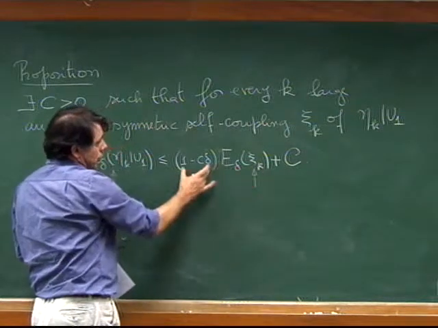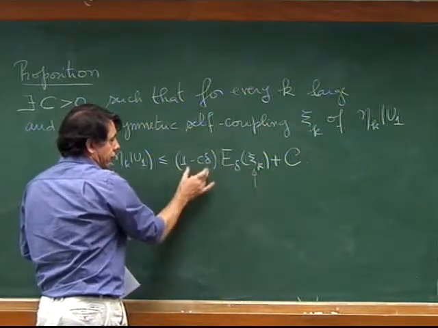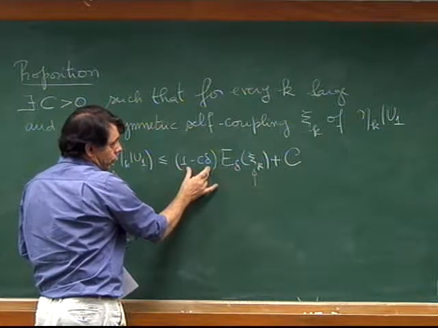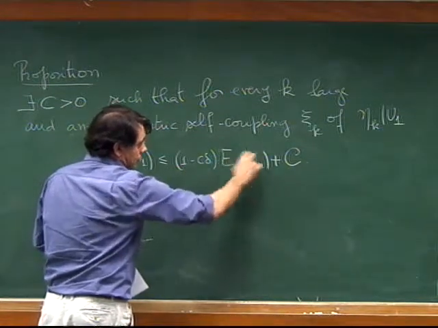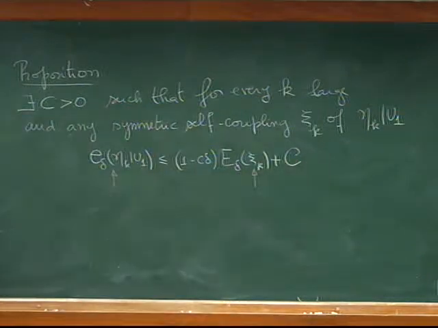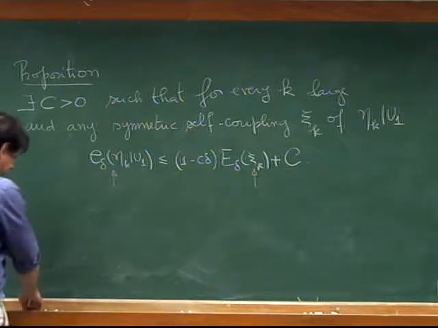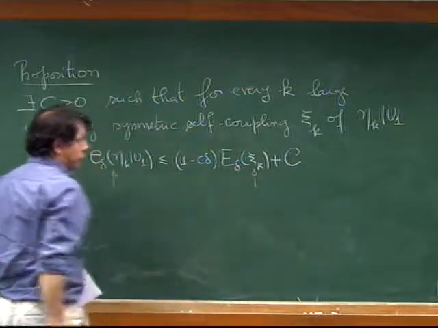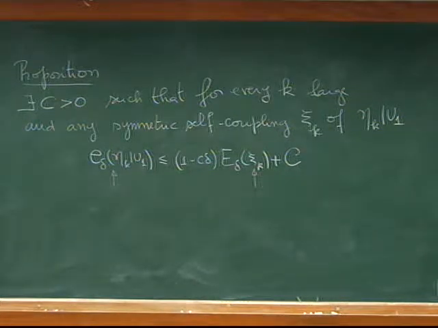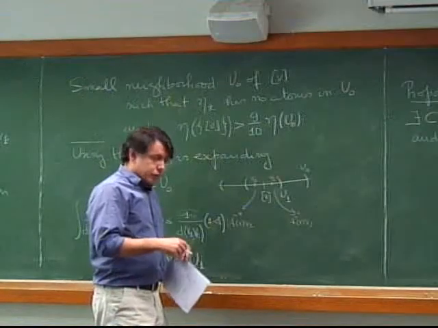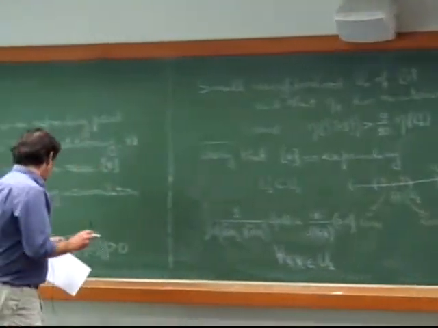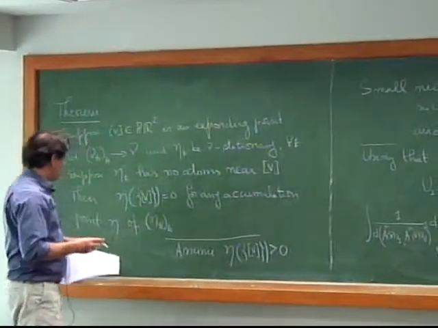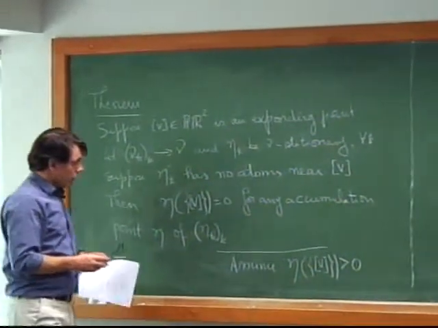By much smaller, I mean at most a multiple with factor smaller than 1 than this, multiplied by this, plus a constant. Okay? So I can always improve energy by a factor smaller than 1, and the only price I have to pay for that is a fixed constant. So if you assume this, I can finish the proof of the theorem, and then we will continue with proving that fact over there.